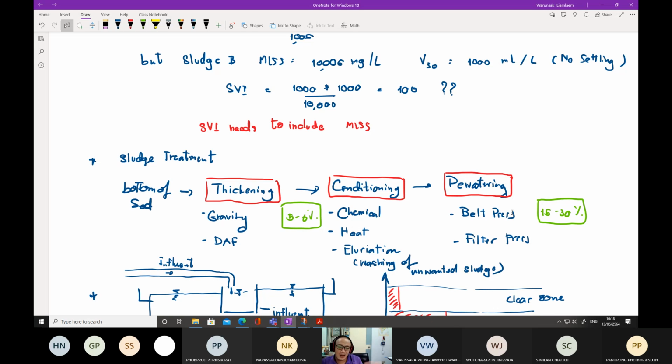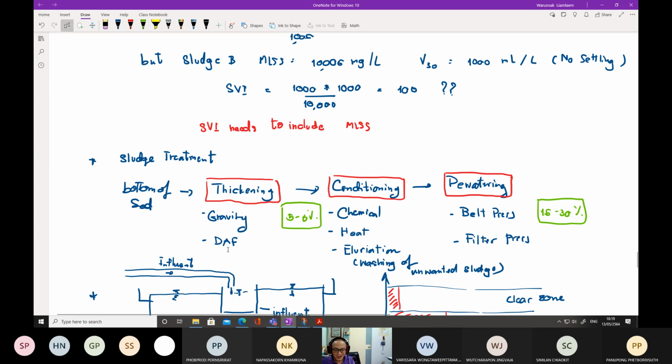Okay, so this is the general idea of sludge treatment. First, starting from the thickening, and then followed by the conditioning, and then at the end we apply the process to remove the water from the sludge. For the thickening, normally we can use gravity thickening, or we can use DAF. DAF, do you still remember?